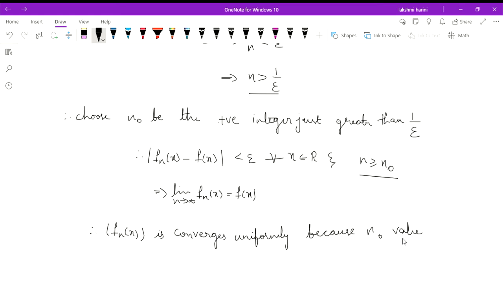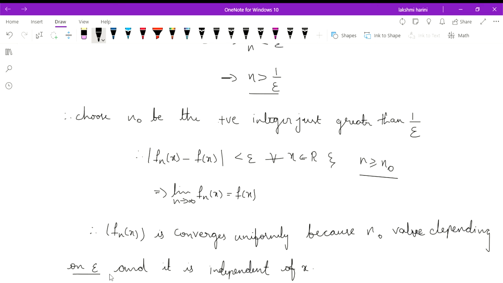Okay, so n naught value depends on epsilon and it is independent of x. Okay, since it is independent of x and it is depending on epsilon, therefore it is uniformly convergent.